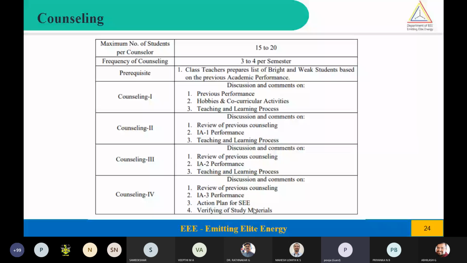So we have a bunch of activities that we are really doing. Everything is student centric. We want the student to reach out to us, get all these things done, and become a bright engineer while you stay on our campus, and also go back to society and start serving as an engineer, and bring a good name to our department, our college and even to your parents.